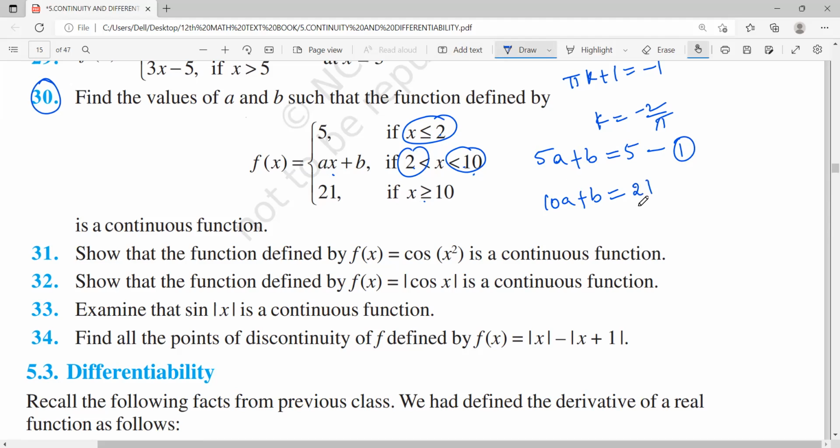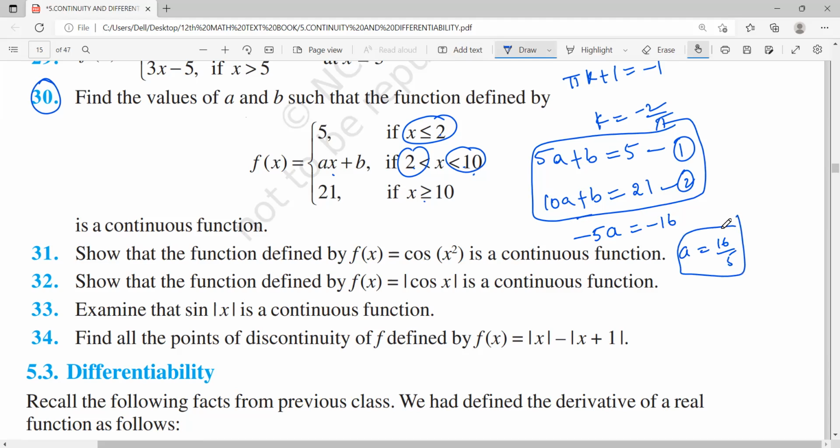Then we use elimination and find the answer. Minus 16 equals minus 16a. A is equal to 16 by.